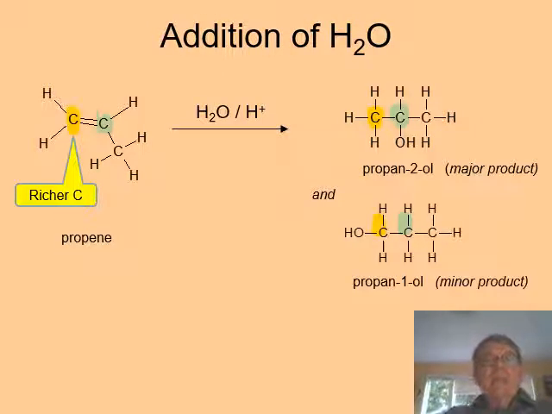Here's an example. So we have propene reacting with water with an acid catalyst, and we get 2 products, major and minor. Let's look at which is the richer carbon. This carbon here has 2 hydrogens attached, whereas this one only has 1.